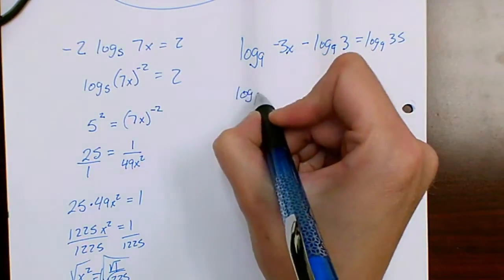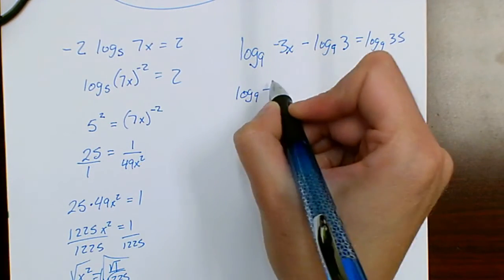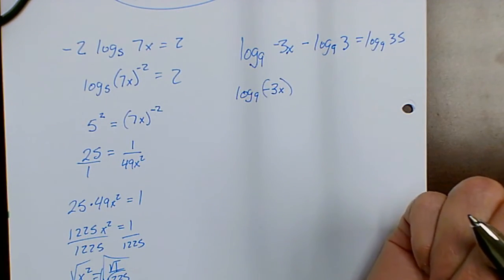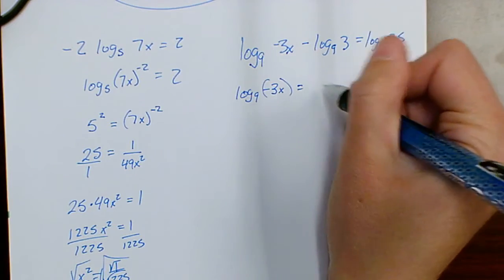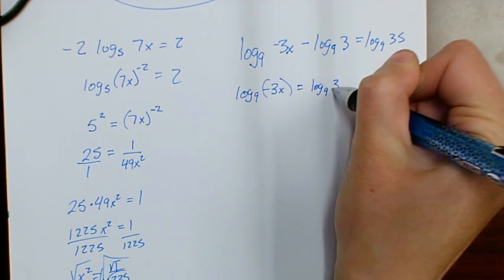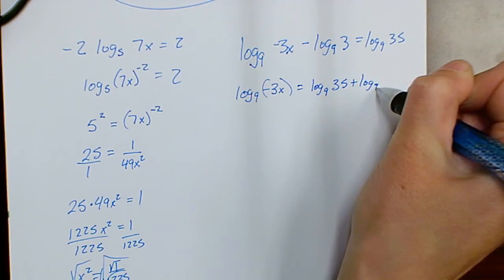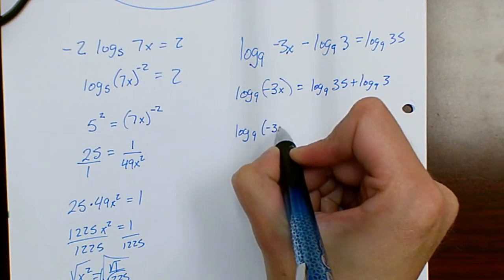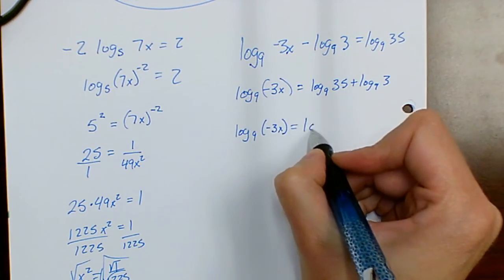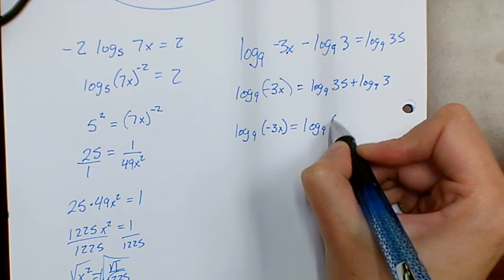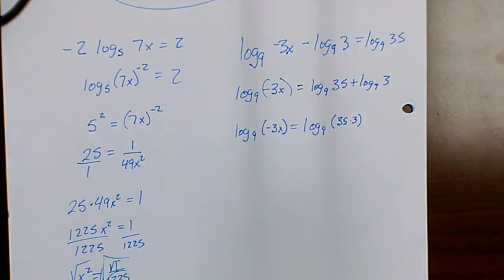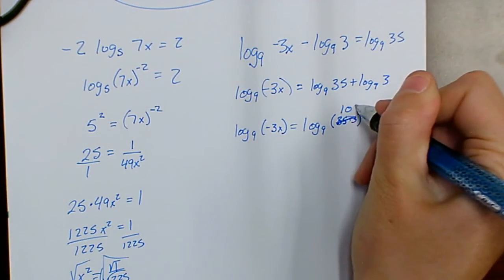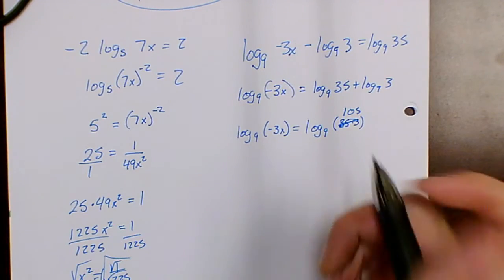So if we keep log base 9 of negative 3x, excuse me, and we add this over, so log base 9 of 35 plus log base 9 of 3, use the product property, 35 times 3, which is 105. So this is 105. And look, we can drop the logs.